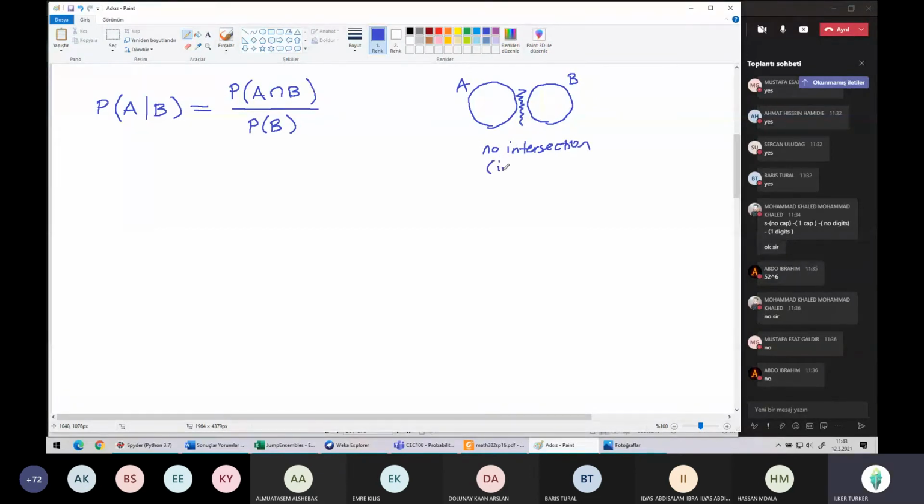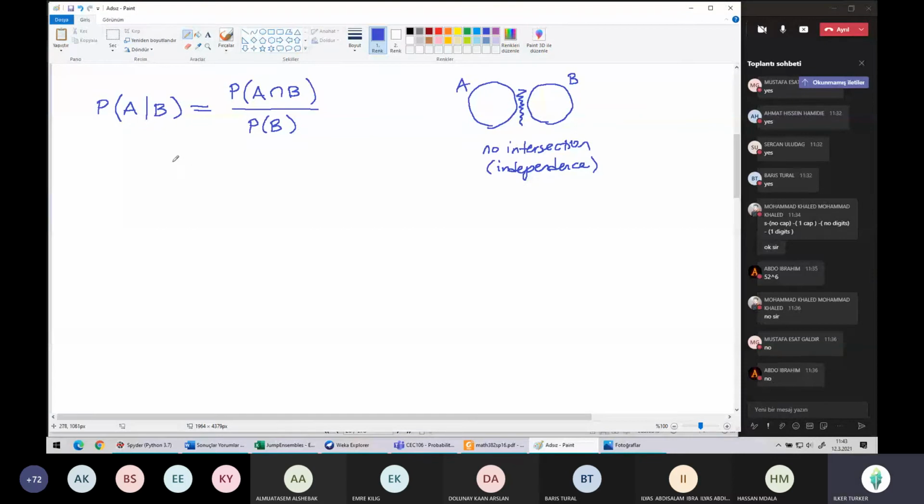In the case they are independent, okay? So here, if they have no intersection, what can you say about it?